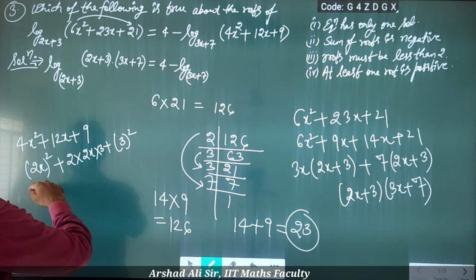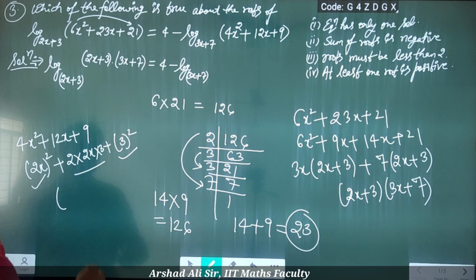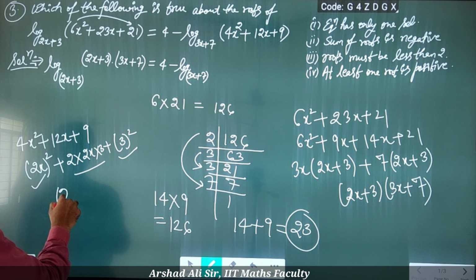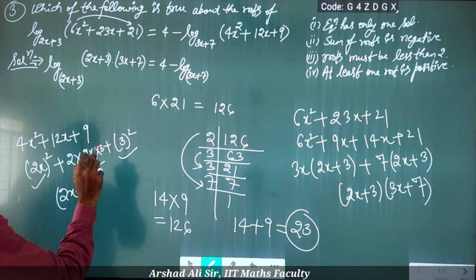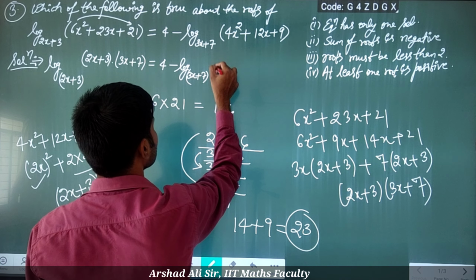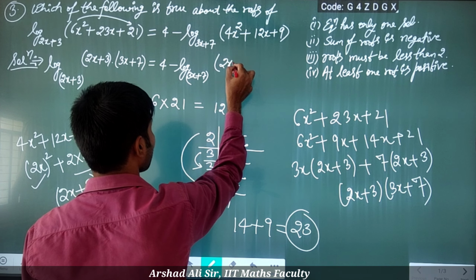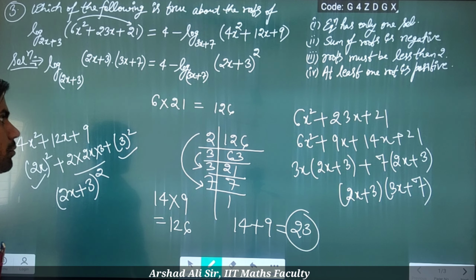So it is in the form of a square plus 2ab plus b square, the formula of (a plus b) whole square. a means 2x, b means 3, so (2x plus 3) whole square. Instead of this quadratic expression we can write (2x plus 3) whole square. So it is the simplest form.